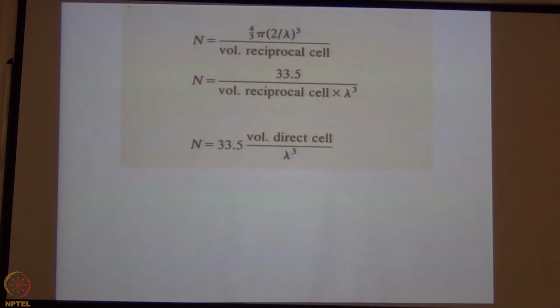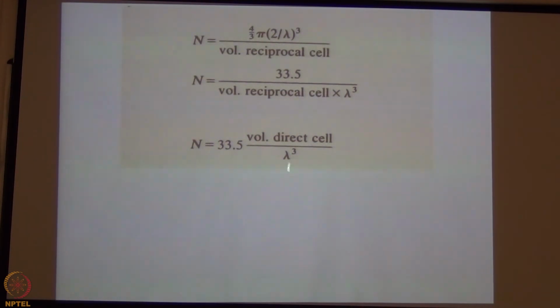Diameter of the Ewald sphere. So, the number of spots that can fall inside the Ewald sphere is the volume of the Ewald sphere divided by the volume of the reciprocal lattice. So, when you simplify, this n is equal to the volume of the direct lattice by lambda cube with a multiplication factor of 33.5.